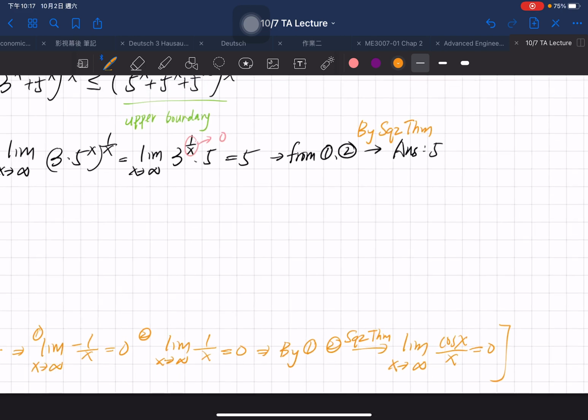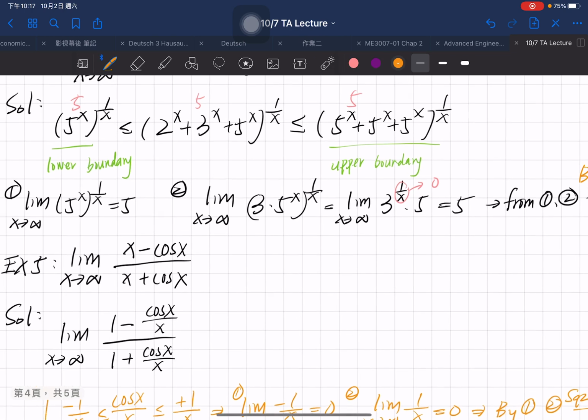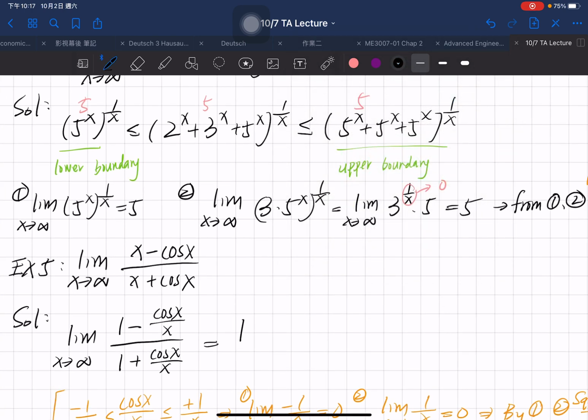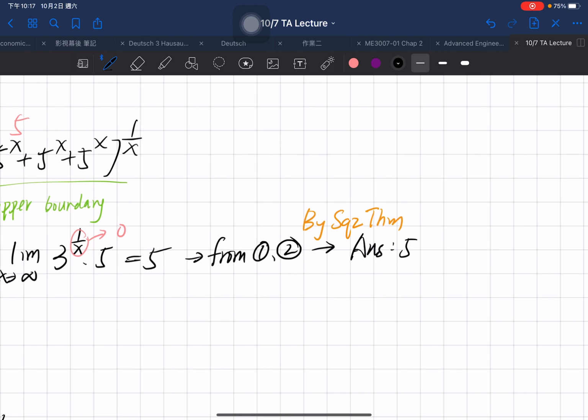So we know that this term is 0. The limit of this term is 0. So we just plug it inside, so it will become (1 minus 0) over (1 plus 0). So it will equal to 1. Okay, so this is the answer. And this is also the answer.